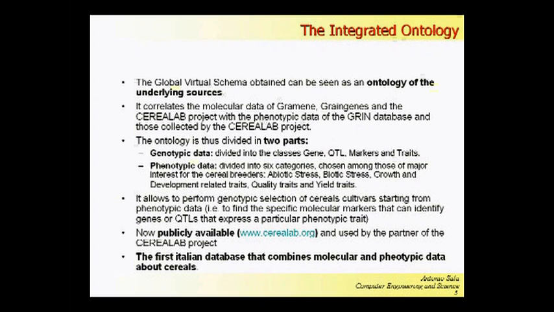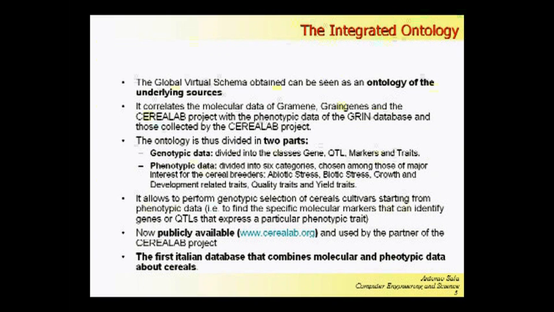The ontology is in fact divided into two parts, one regarding genotypic data and the other one regarding phenotypic data. And these two parts are correlated, thus allowing to perform genotypic selection on Serial cultivars.